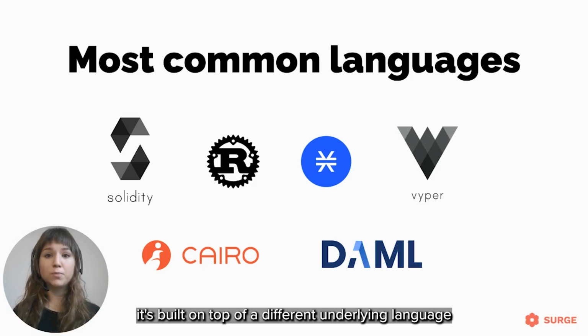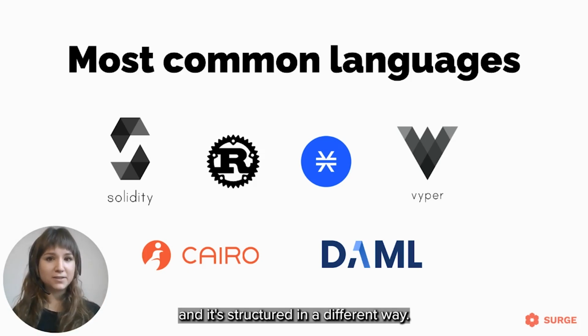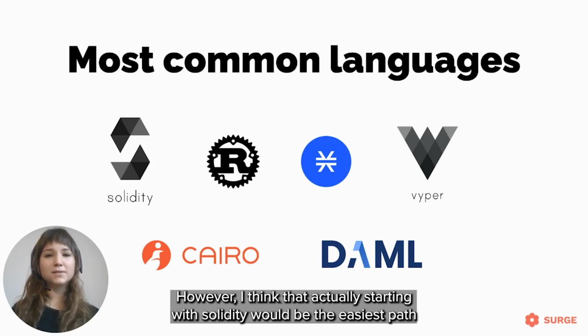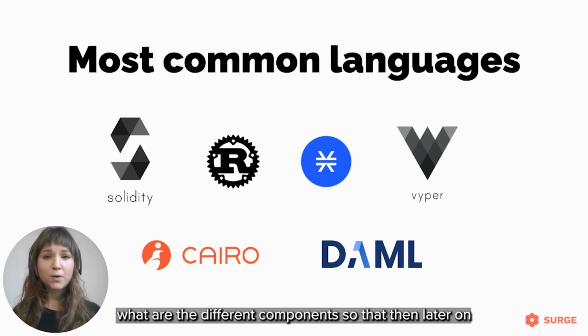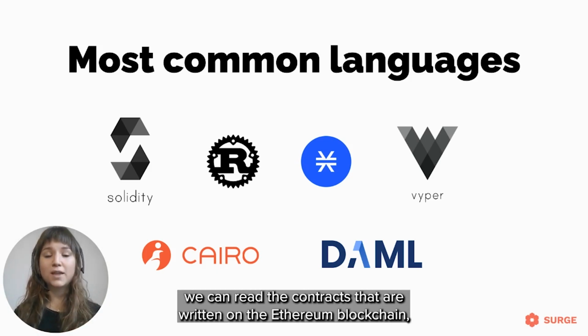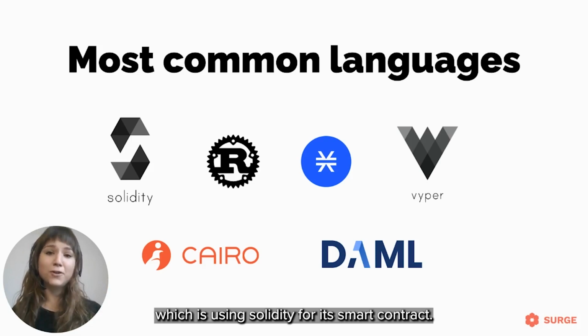It's built on top of a different underlying language and it's structured in a different way. However, I think that starting with Solidity would be the easiest path for you to understand how the code can be built, what the different components are, so that later on we can read the contracts that are written on the Ethereum blockchain, which is using Solidity for its smart contracts.